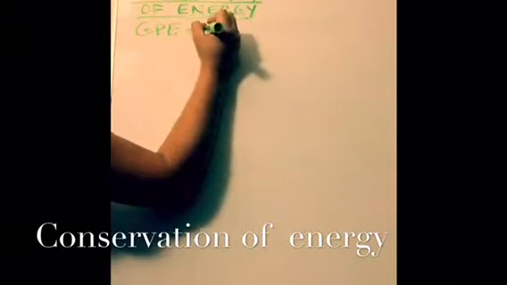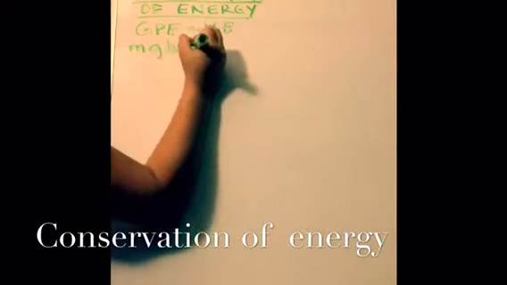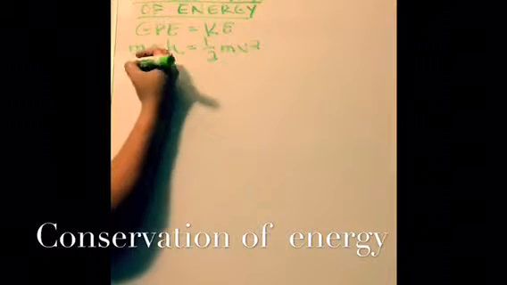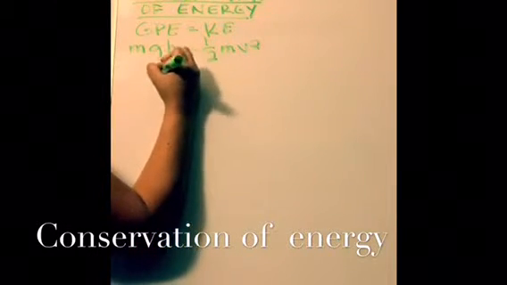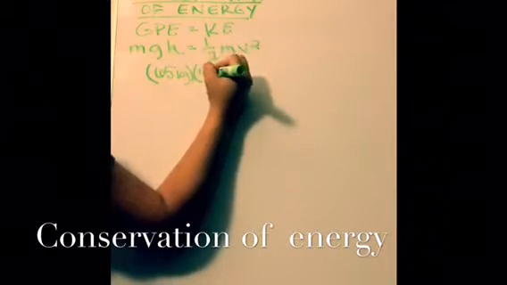For this example, I will be setting GPE equal to KE, which is MGH equal to 1/2 MV squared. And now I will just insert my measurements into the equation and solve for velocity.